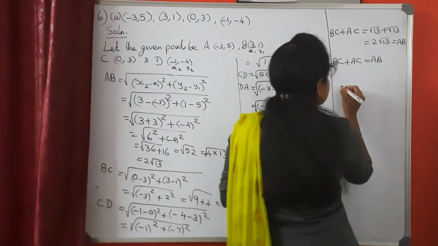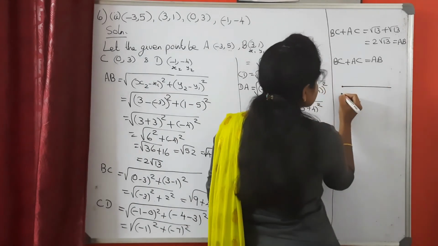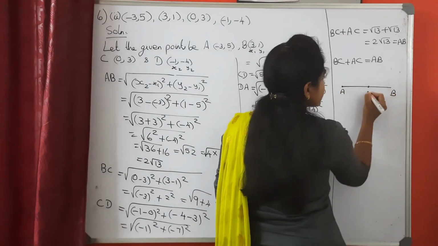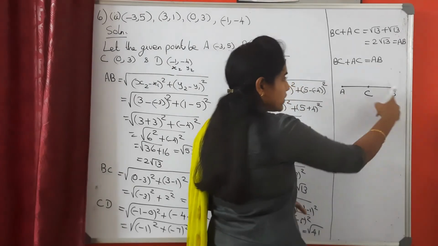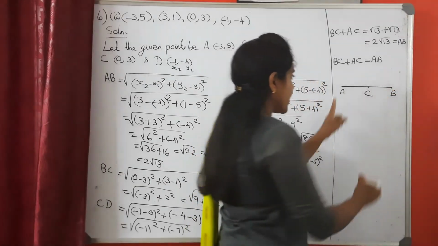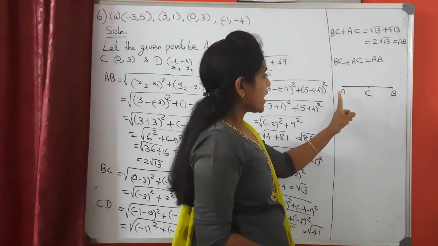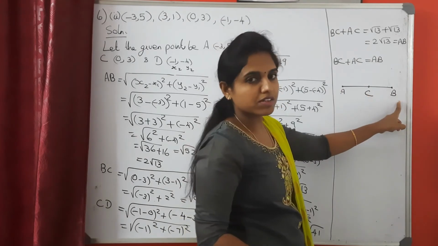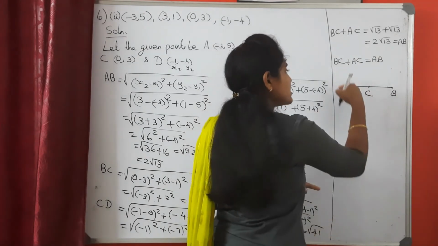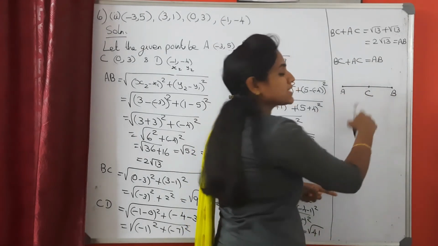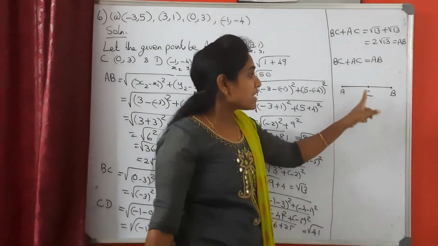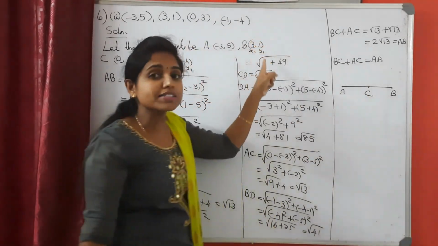Here A, B, C: AB equal to AC plus CB. Therefore these 3 points are collinear. ABC is collinear, so therefore ABCD is not a quadrilateral.